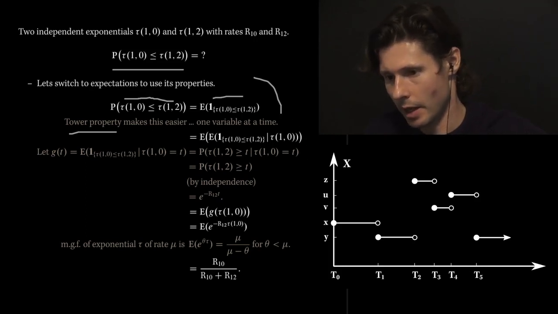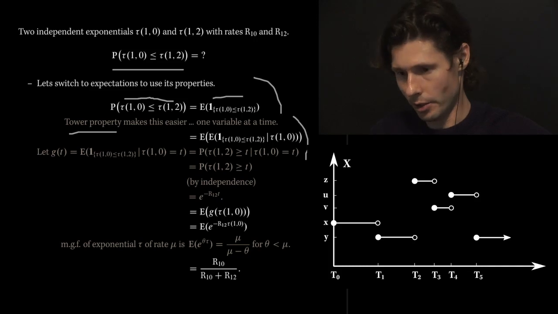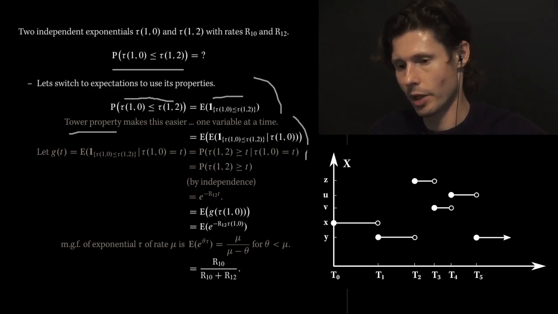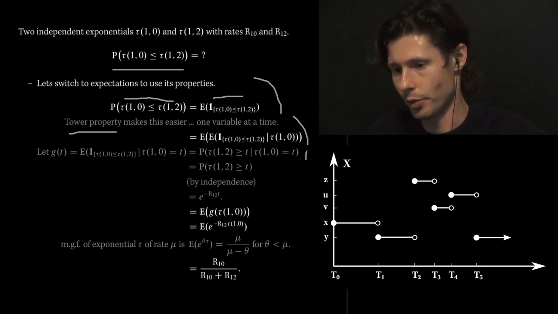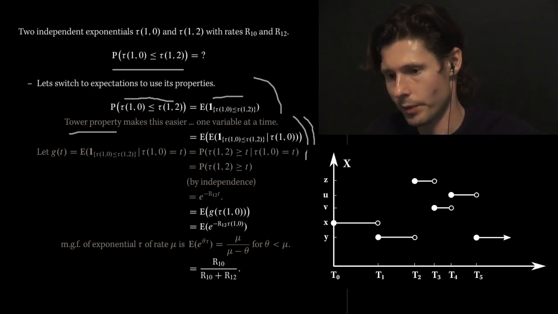In the next line, I'm going to simplify the calculation to work with, instead of two random variables, just one of them. So instead of working with tau 10 and tau 12 together, I'm going to work with one at a time. I've used the tower property here, conditioning on tau 10. Could have done it the other way, I think both are valid.